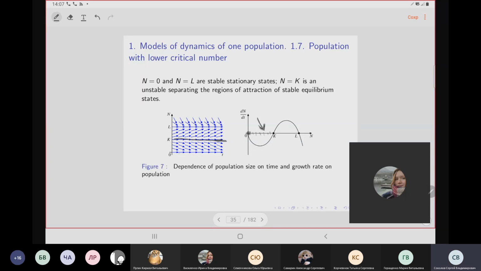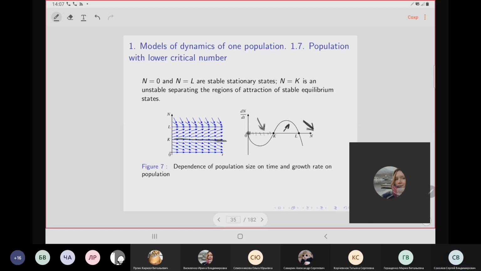And as in the previous case, K is unstable because our solutions are growing between K and L, and after L, the solutions become decreasing. So far, we have both of these features.